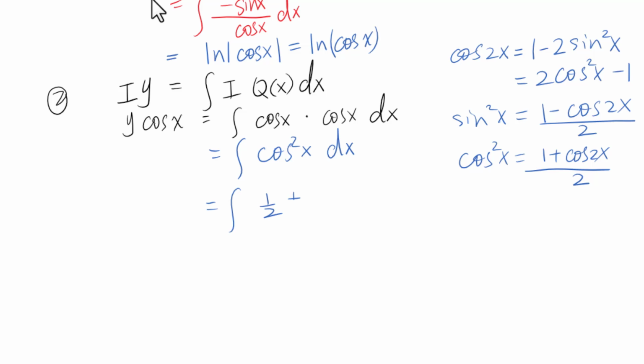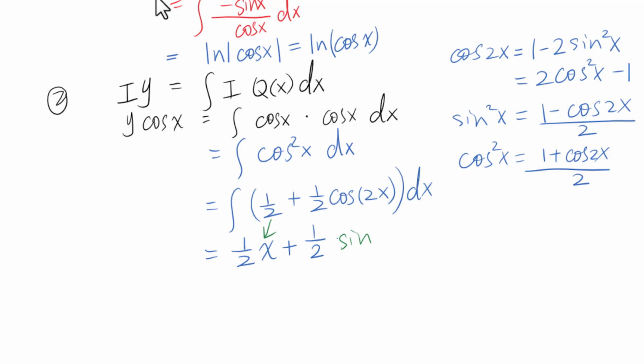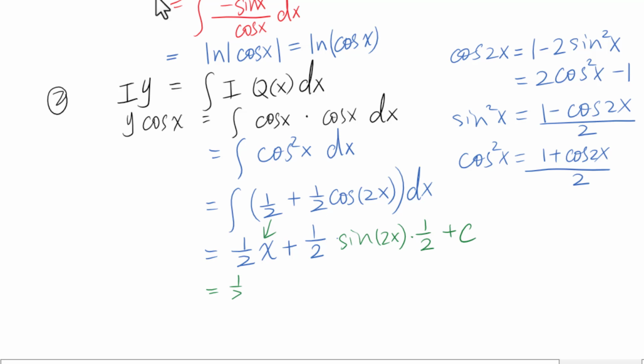So the integral of 1 over 2 plus 1 over 2 cosine 2x dx. Work this out: 1/2 x plus 1/2 sine 2x times 1 over 2 plus c. Organize: 1/2 x plus 1 over 4 sine 2x plus c.